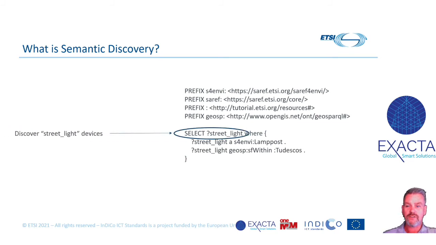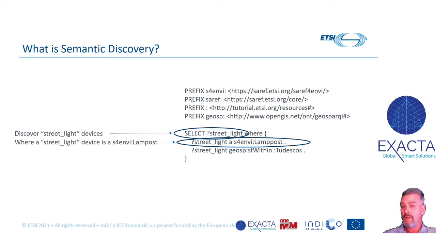What I'm trying to discover here are streetlight devices, where I define a streetlight device as a lamppost, again using a SAREF extension ontology. Additionally, I want to know only about the streetlights that are located in Tedesco.